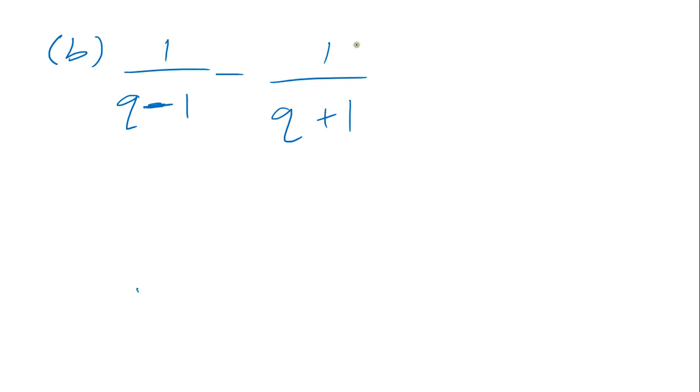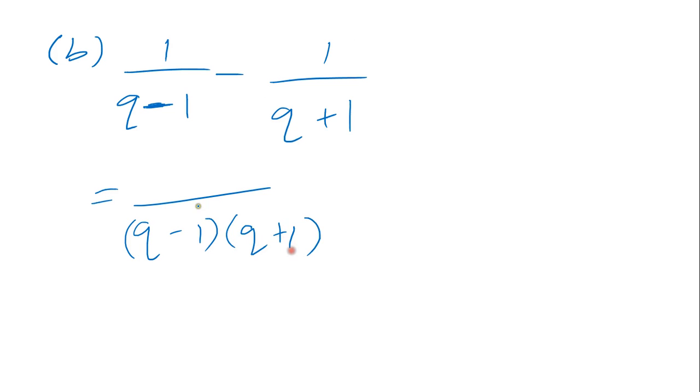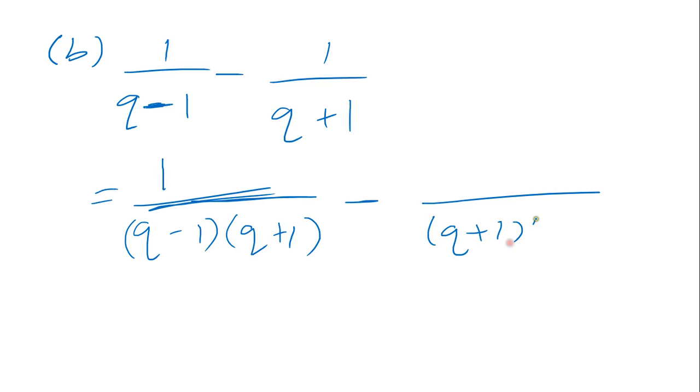Alright, so what we have is our common denominator is going to be q minus 1 times q plus 1. Just multiply them. So basically, what you end up with is 1 minus, so 1 times q plus 1, so that this doesn't change.